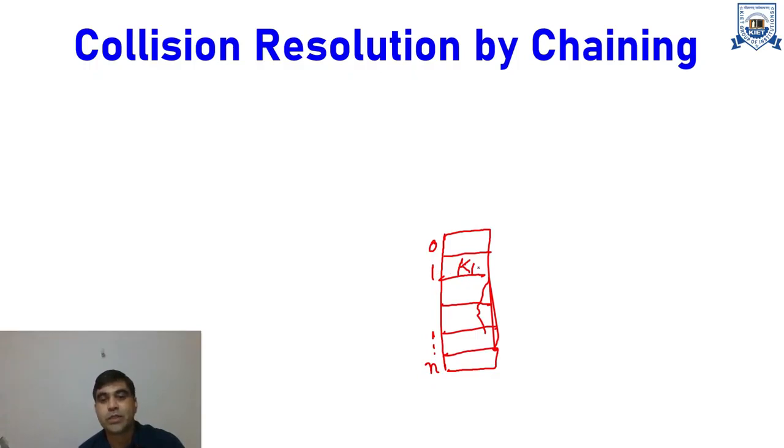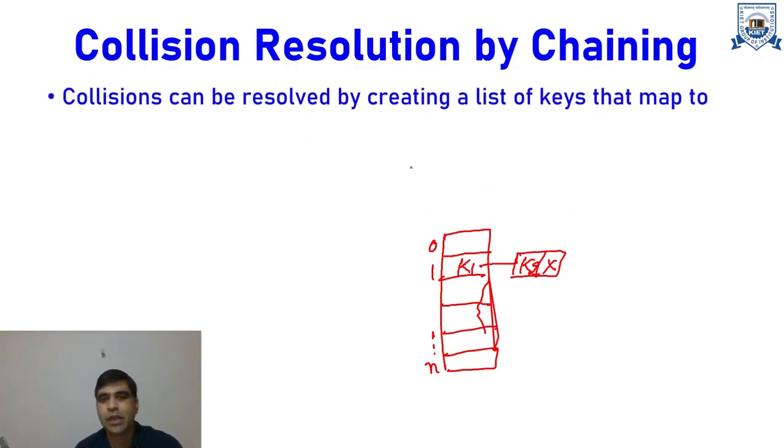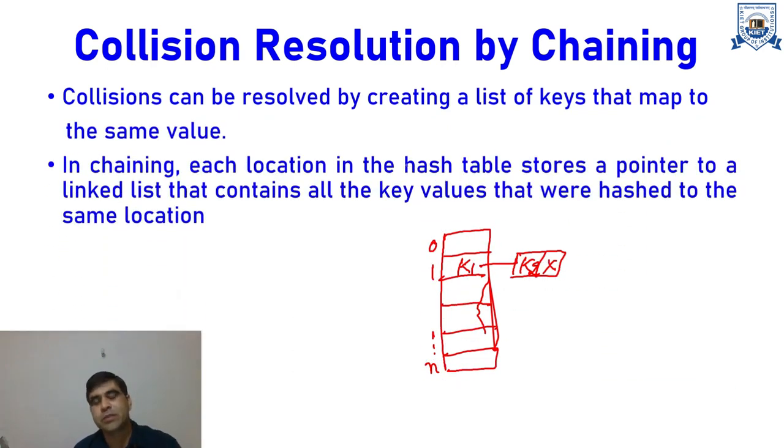Then we simply create a linked list over here such that k2 will also be stored here. Such linked lists are there in the separate chaining method. In separate chaining, we create a list of keys that map to the same index value. In our case, k1 and k2 map to the same index, that is 1, so we create a chain of such key values.